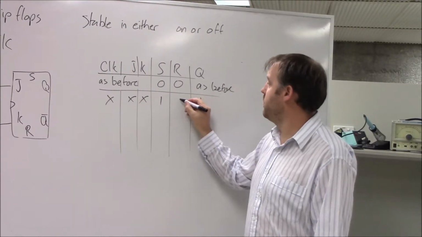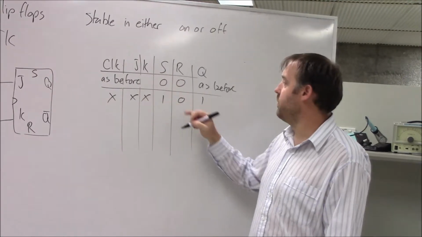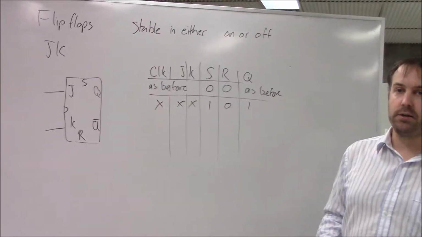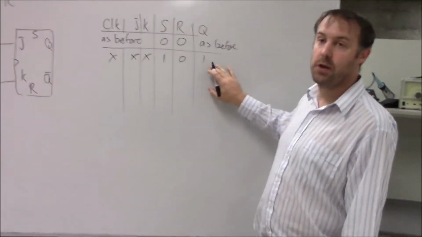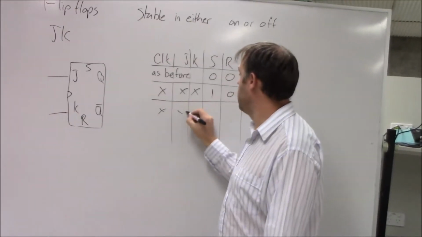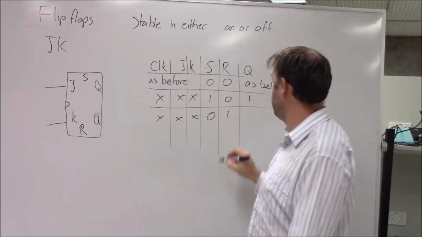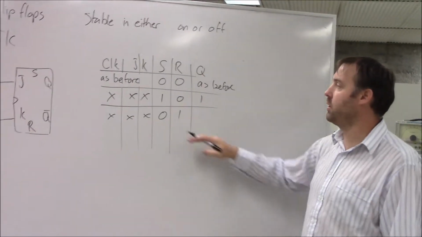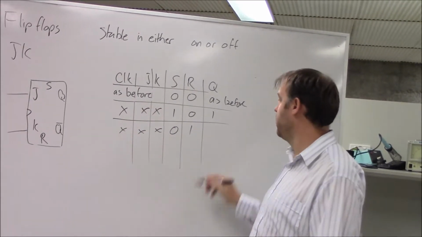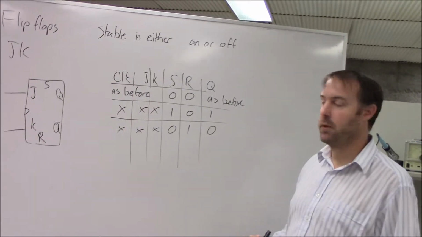Now if set is high and reset is low, then we don't care about what the clock and the JK are doing. We change the output to high. Likewise, if reset is high, we don't care about what these two are doing, and we don't care about the clock, we set the output to low.